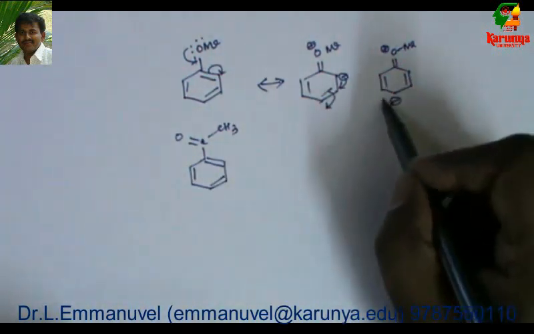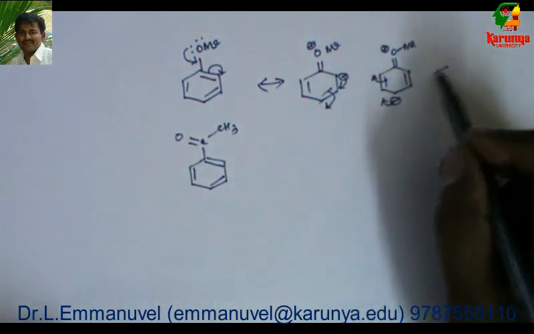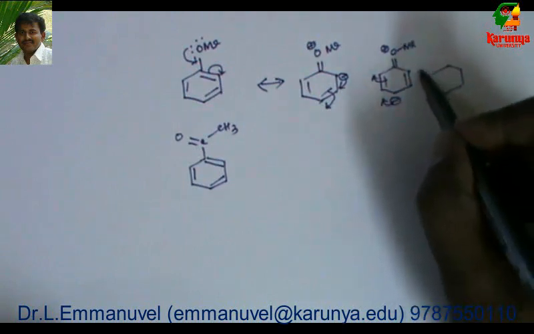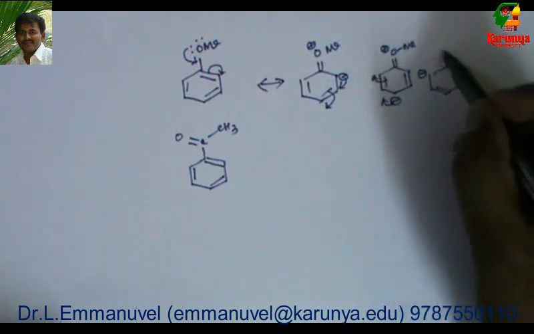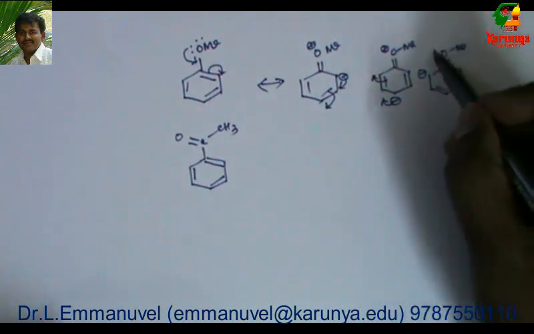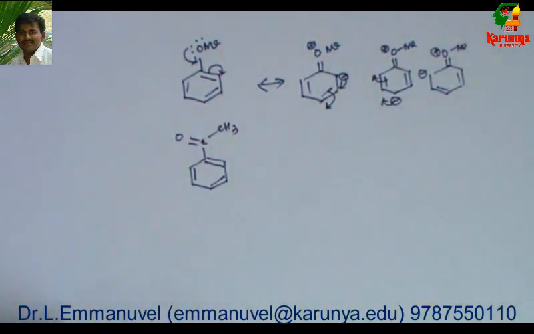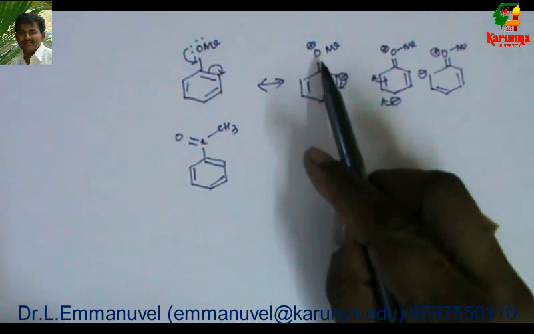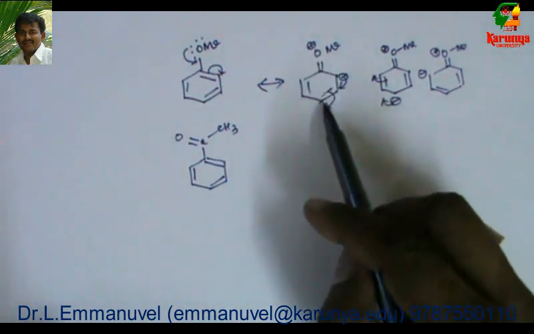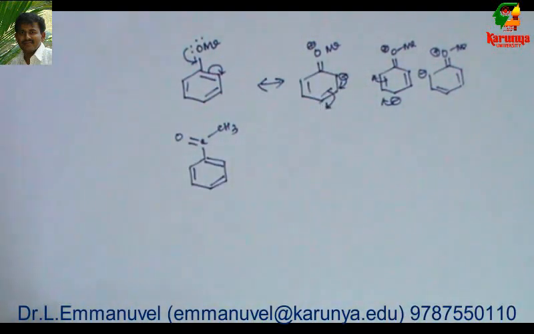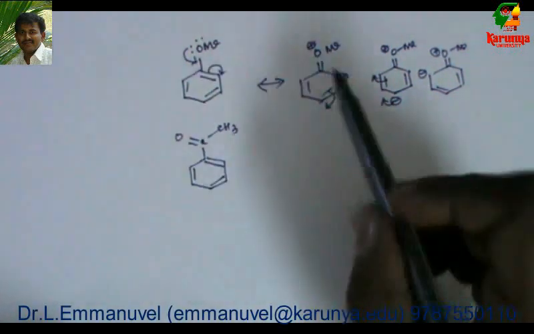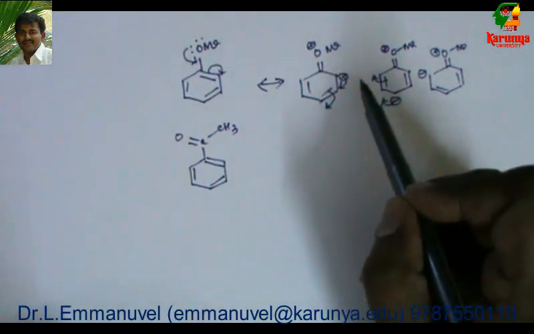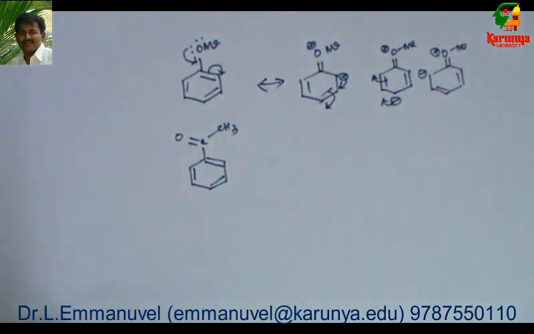If you go further, you will get it on this carbon. Basically, the electron cloud on the ortho and para positions has increased. So now this can attack the electrophile and we will get the corresponding product.